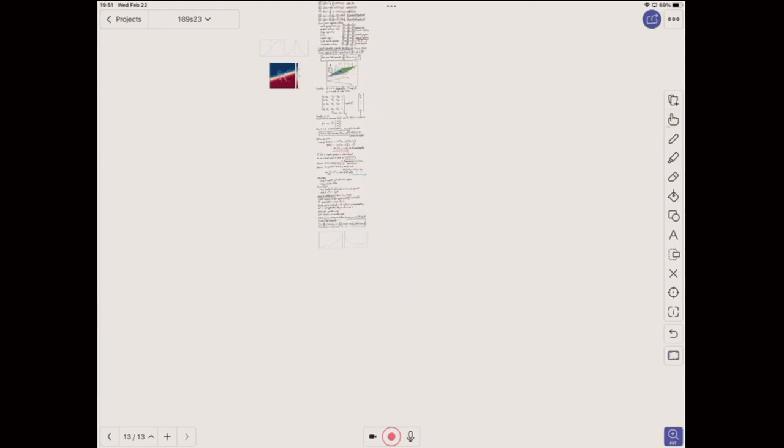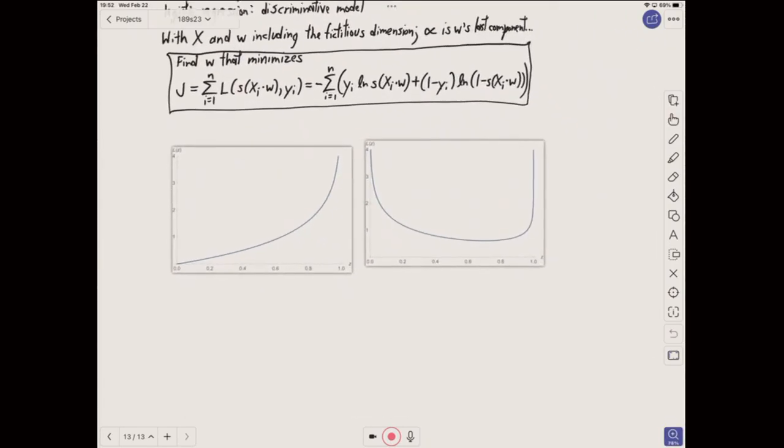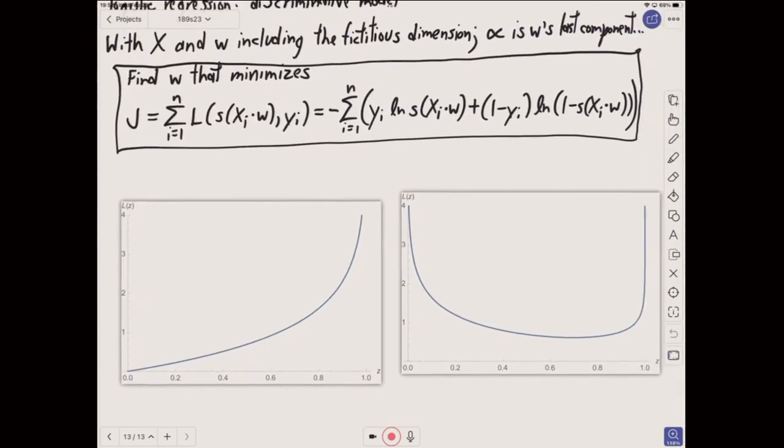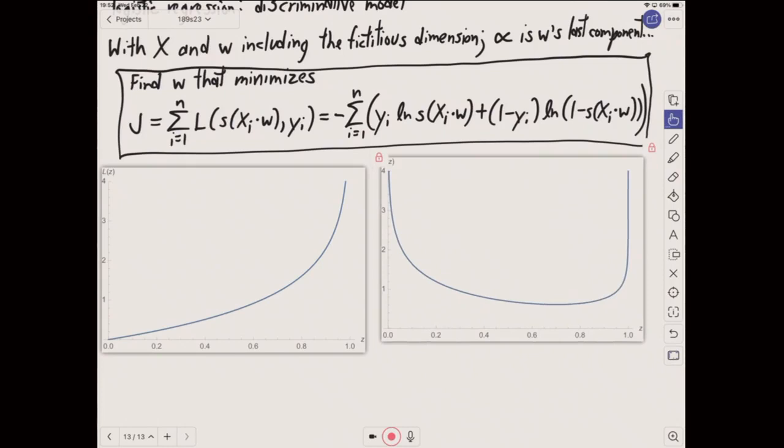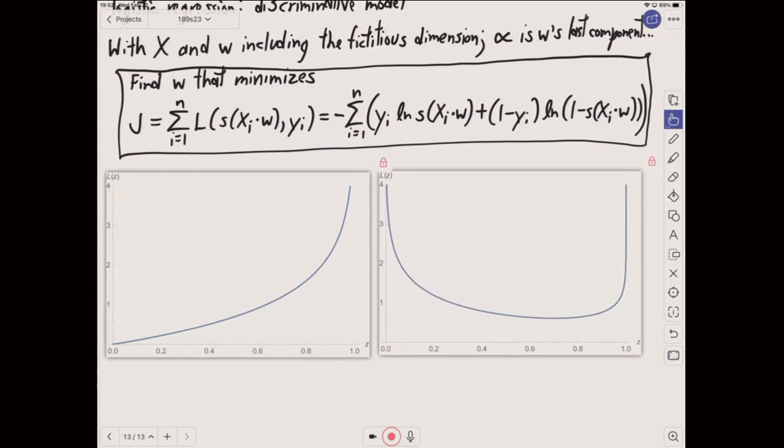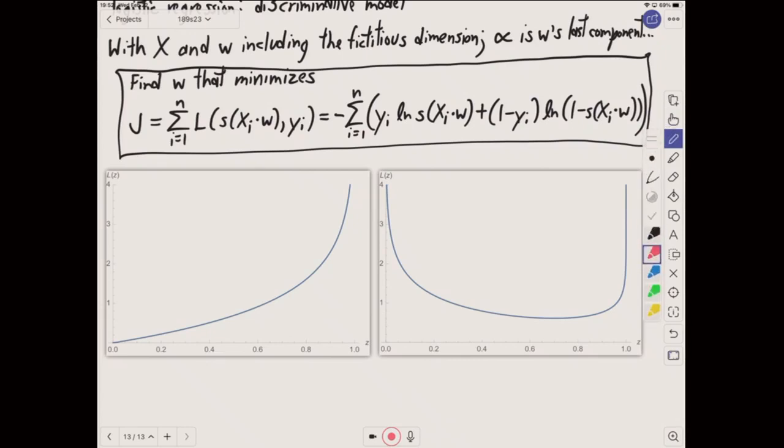And I'll give you two examples. So the one on the left, the horizontal axis is the prediction z.